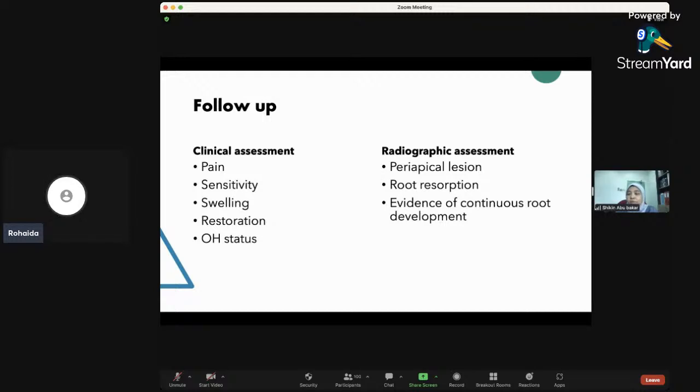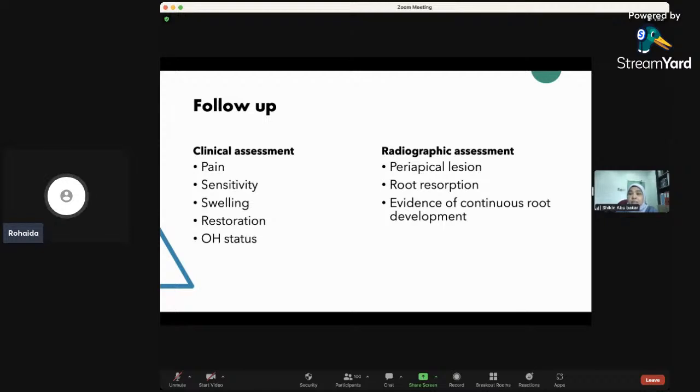And radiographic assessment. There is no fixed guideline saying that, for example with dental trauma, you follow up at 1 month, 3 months. When are we going to do a follow up? It will be based on the clinical presentation as well. You can see your patient at 3 months, and if there is no sign and symptom, it could be 6 months.